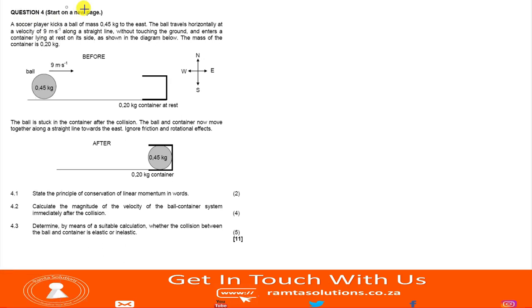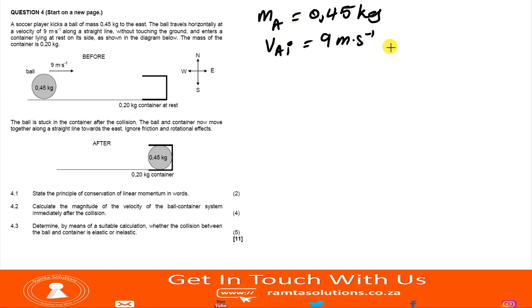So M of A is 0.45 kilograms. They say it kicks the ball of mass 0.45 kilograms to the east, the ball travels horizontally at a velocity of, so initial velocity of A is 2.9 meters per second.